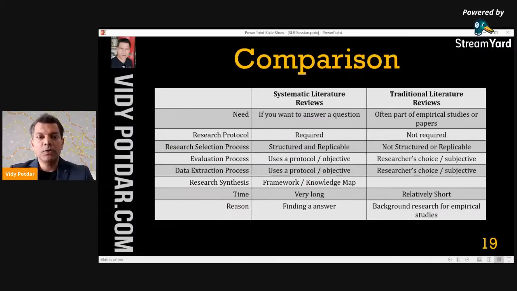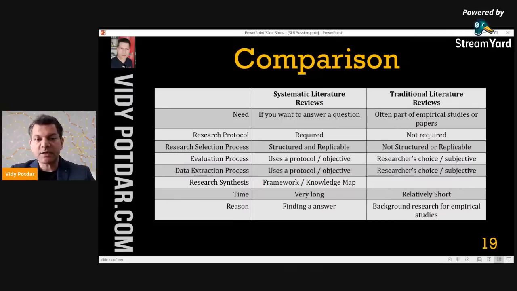So how do you select which papers to review? In a systematic review, there is a process that you have to follow. Whereas in a traditional review, it depends upon the author's choice or preference on which papers they would want to select and which they do not.